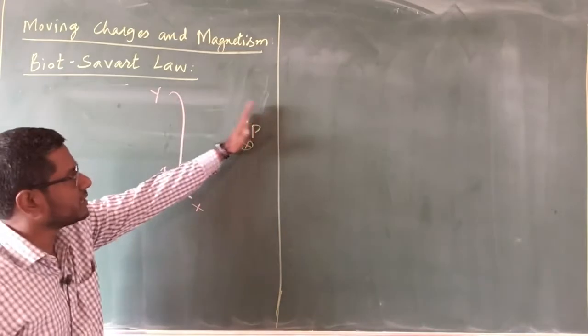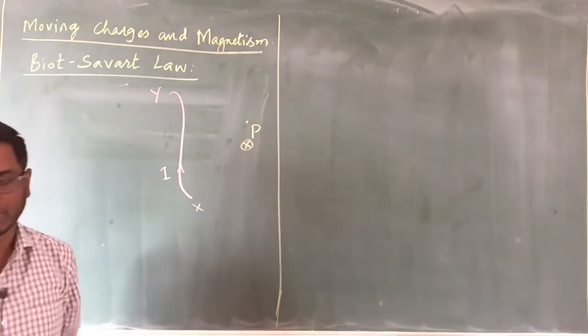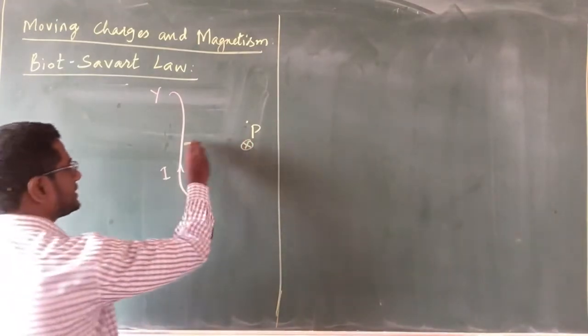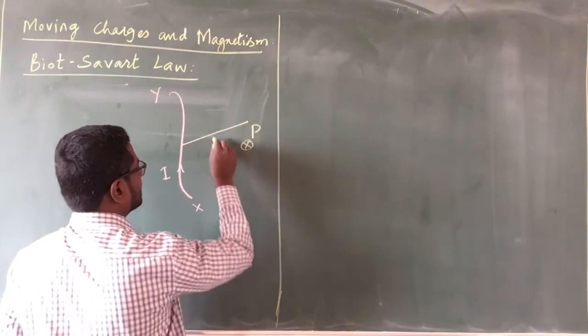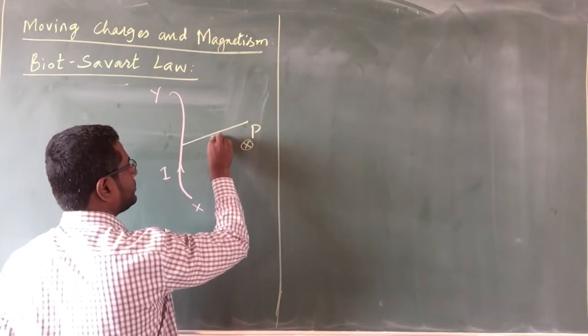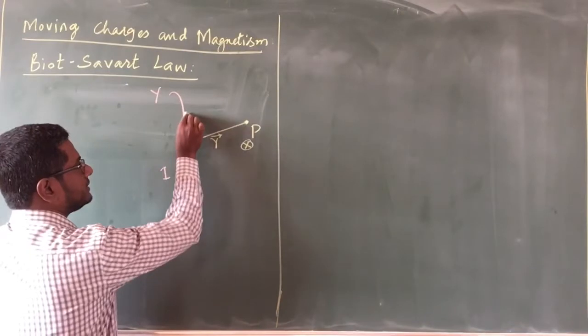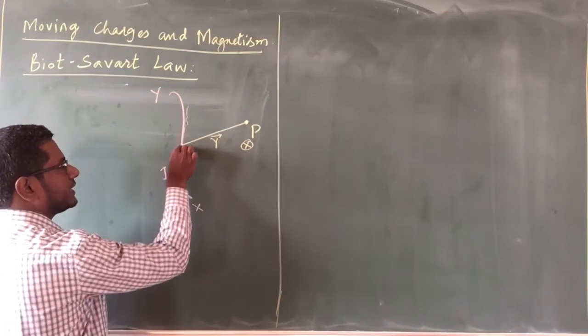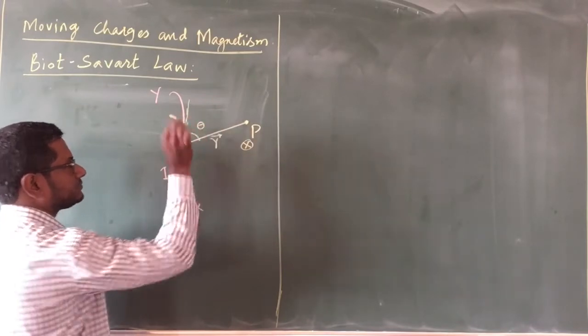The magnetic field at this point P is from this current element. There will be some distance from the current element to the point P. Let us take that distance as R, given by a position vector R. If I take this as the direction of the current element, then there will be an angle theta.